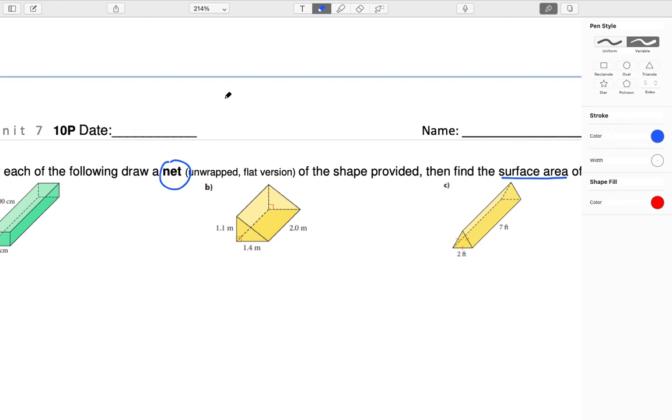A prism is when you have a base that has been stretched, like a 2D shape that's been stretched. On the other hand, a pyramid is when you have a base and it has a pointy top.